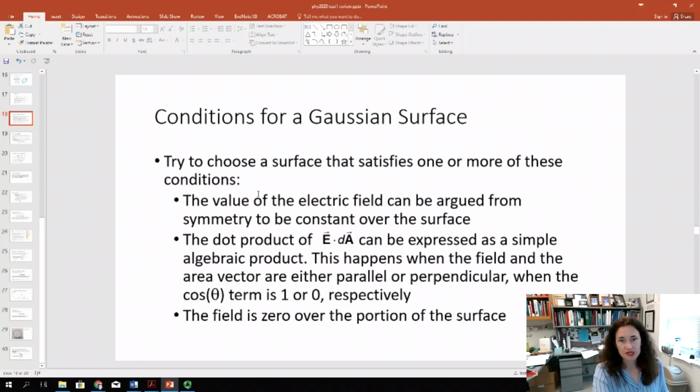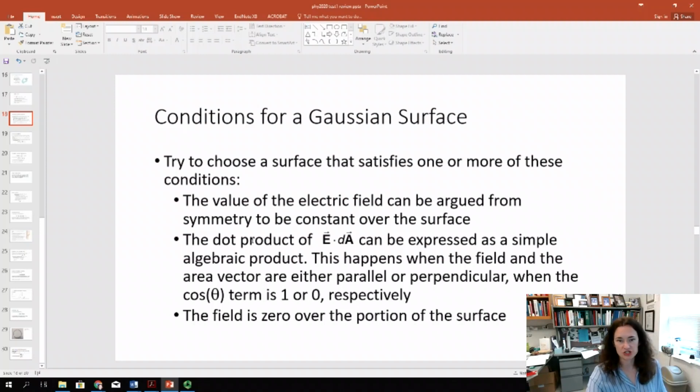What you want to do is choose a Gaussian surface that satisfies these conditions. The electric field can be argued from symmetry to be constant over the surface. So for example, if you had a constant sphere of charge, and you want to know the electric field inside, you might choose a Gaussian surface that's a sphere concentric with the other one. And remember to draw your imaginary Gaussian surface inside that other sphere, okay?